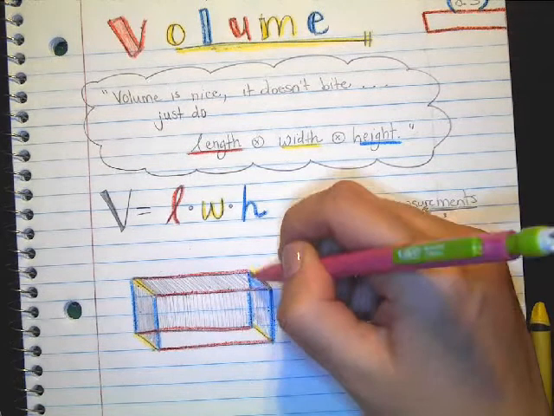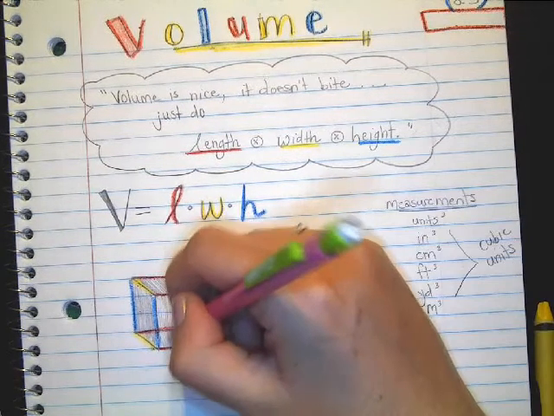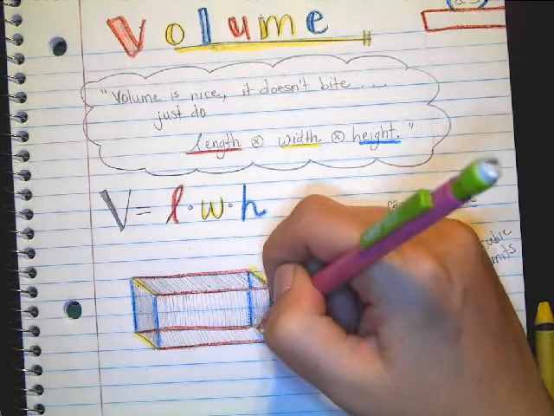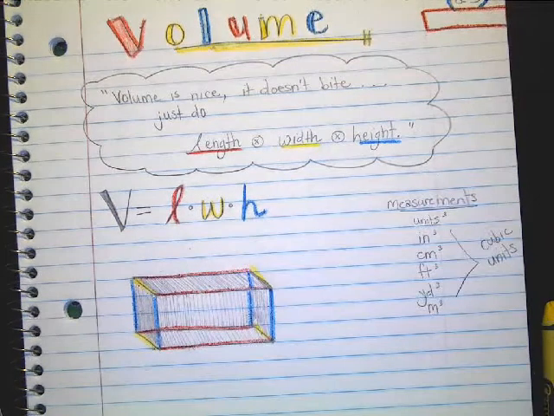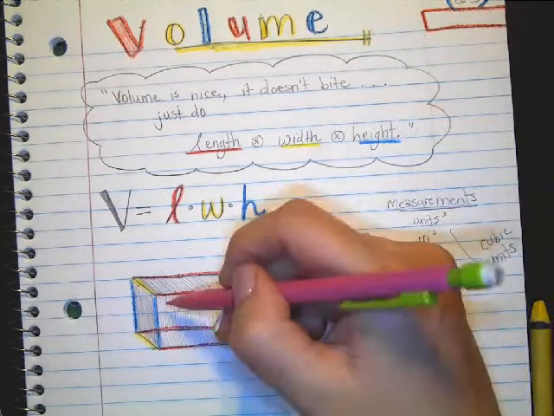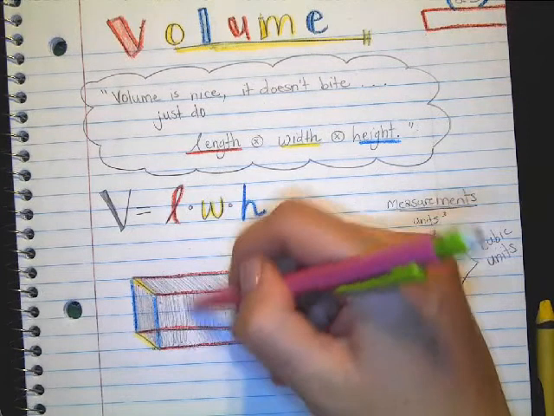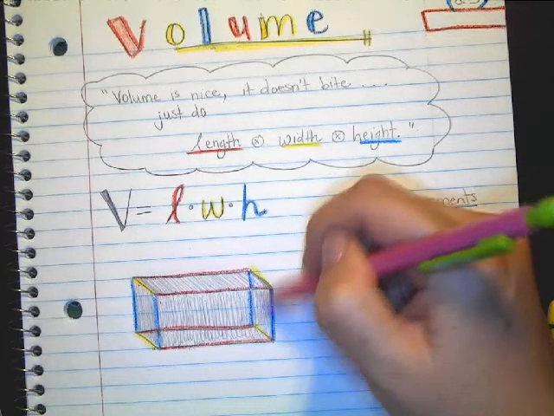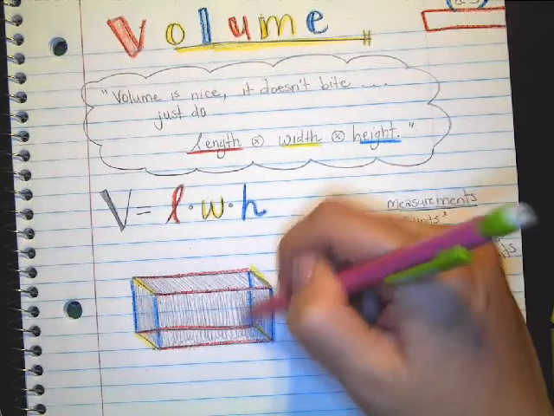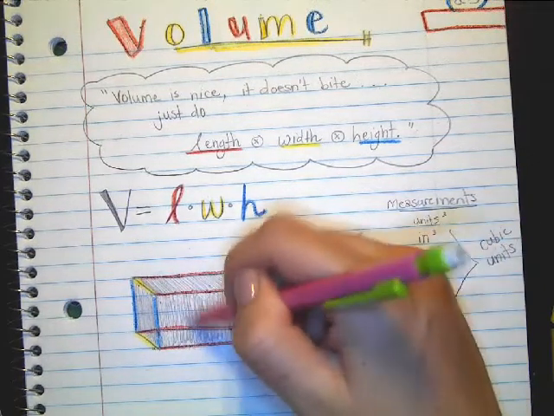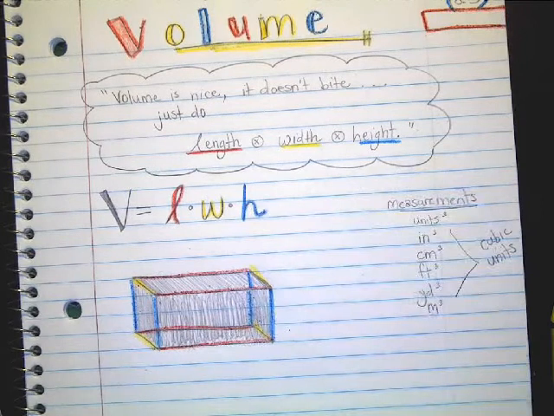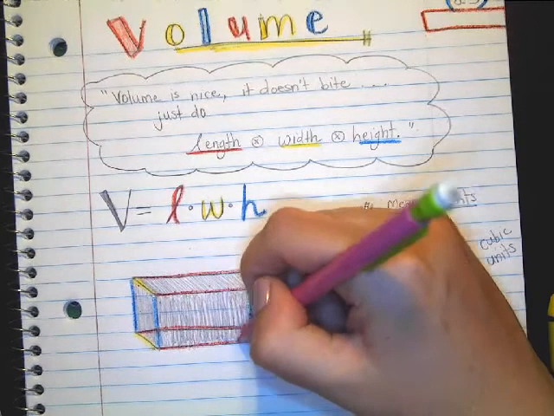Sometimes it helps just to shade it in. If you could see it already, you don't need to worry about the shading part of it, but sometimes it helps. Just so we can kind of see what's going on here. Right, this whole first part is the front. Okay, get your shape all shaded in.